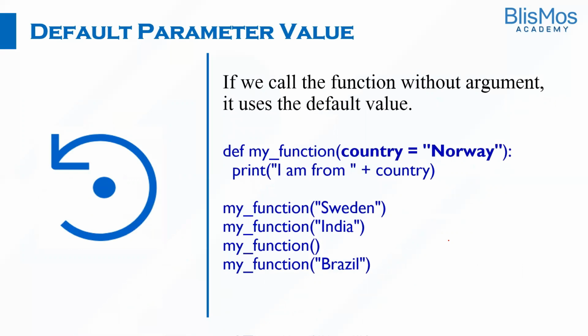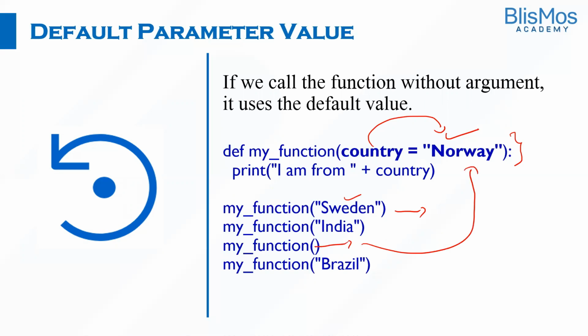While defining the function, sometimes we do provide a default value. For example, in this case, we are providing the country name as Norway. What it means is either I can pass an argument that will be taken, or in case you are not passing any argument, like in the third line, it will take the default value Norway.